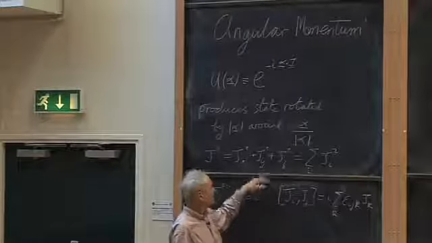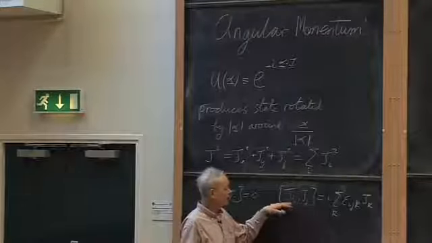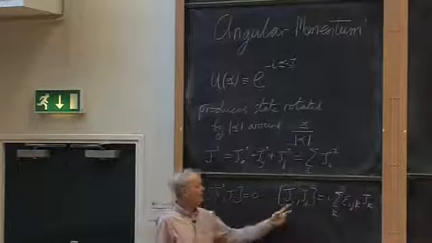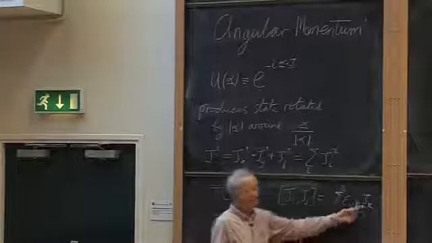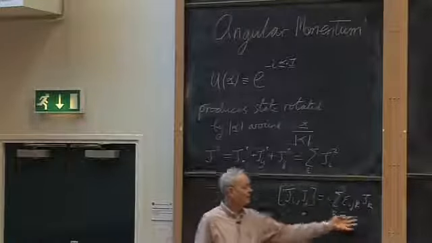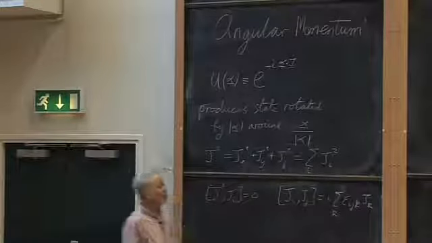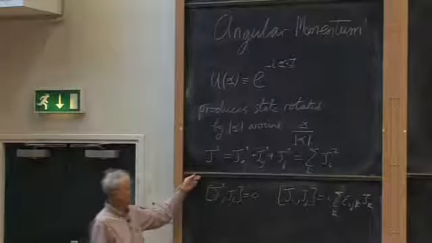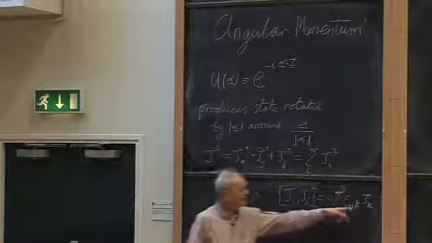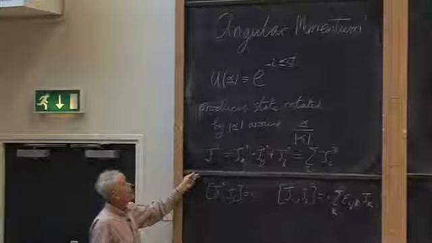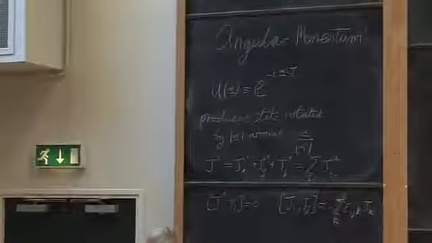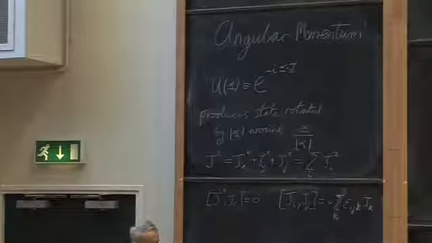But these operators, strangely, do not commute with each other. They have the commutation relations that [Jx, Jy] is i Jz, and similar things, which can be encapsulated in this way, where epsilon ijk is the object that keeps changing its sign, and is 0 if any two of its subscripts are identical. So that sort of showed the existence of these things.